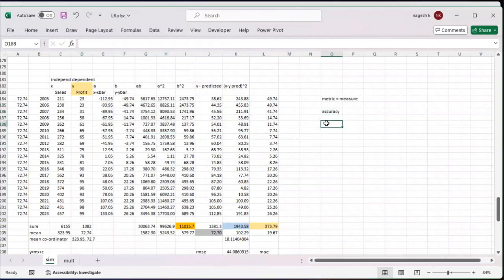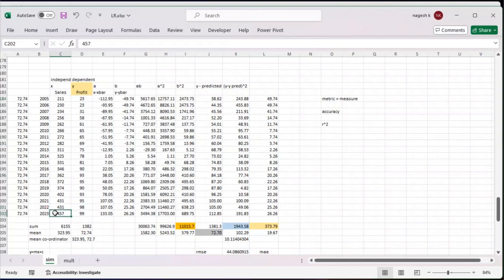In this way, to measure our accuracy we have a metric called R square. It is a common practice to measure the accuracy of linear regression using R square. We have other measures also, like RMSE, root mean squared error, that we will see.